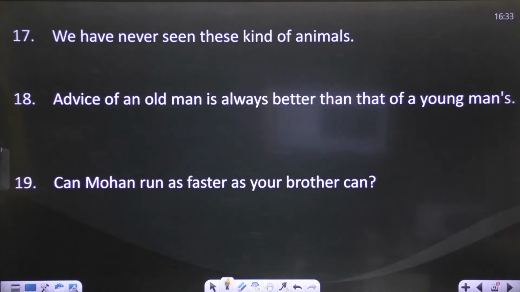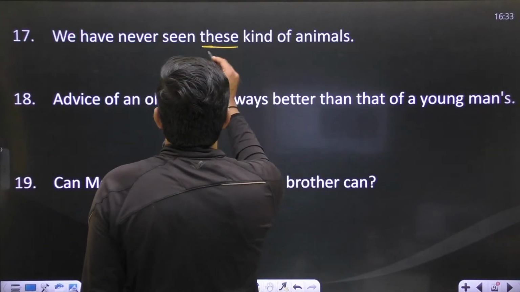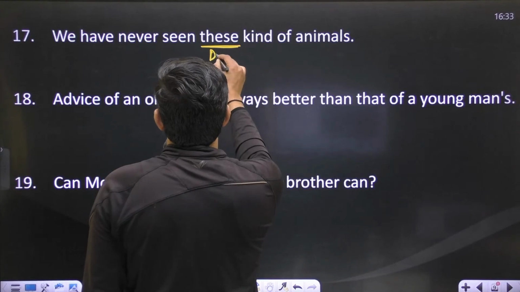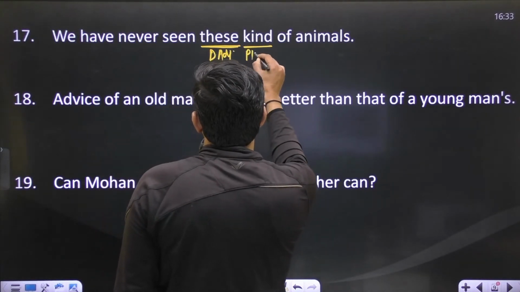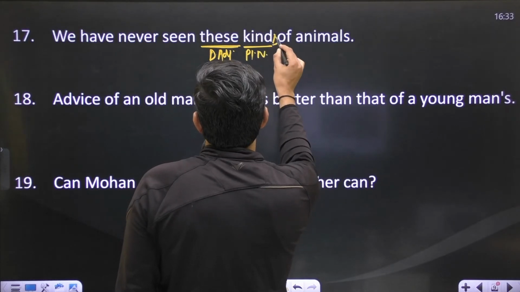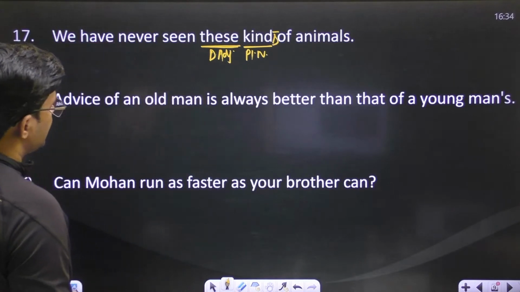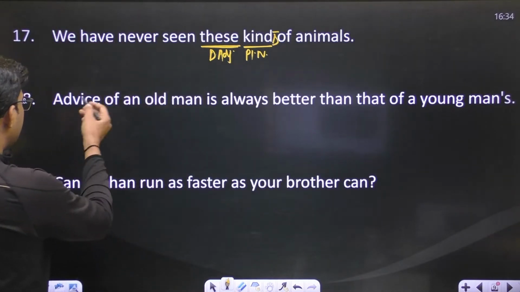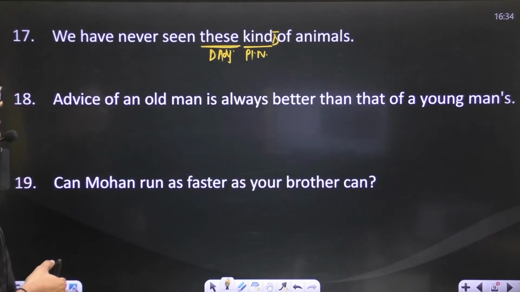The concept is, we have some adjectives like these or those, and these are demonstrative adjectives. These adjectives are followed by a plural noun, right? So the sentence will be: we have never seen these kinds of animals.